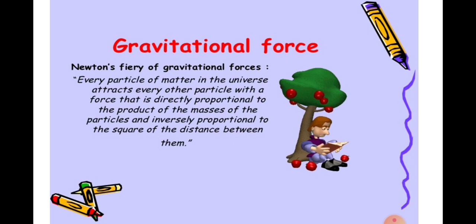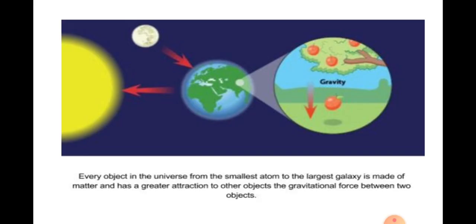It is the gravitational force between the sun and the earth which holds the earth in its orbit around the sun. And it is the gravitational force only between the earth and the moon which holds the moon in its orbit around the earth.